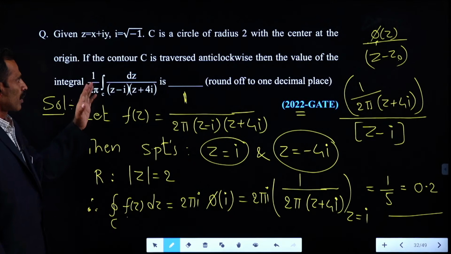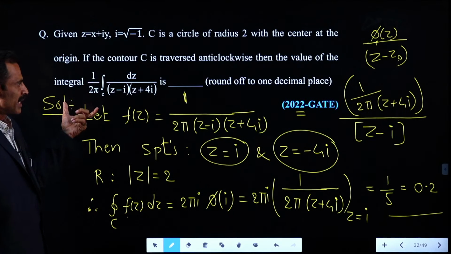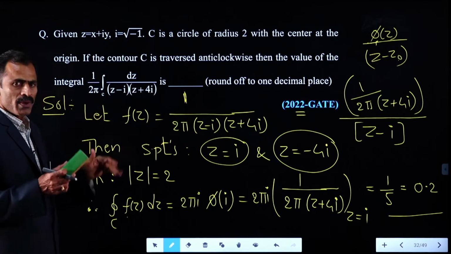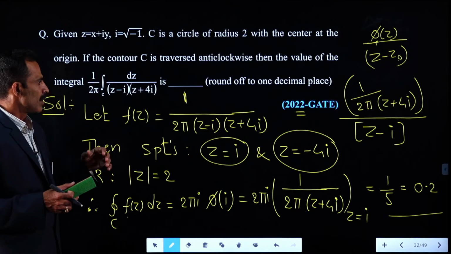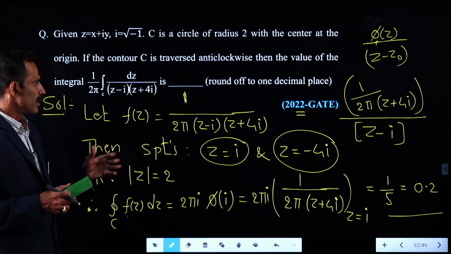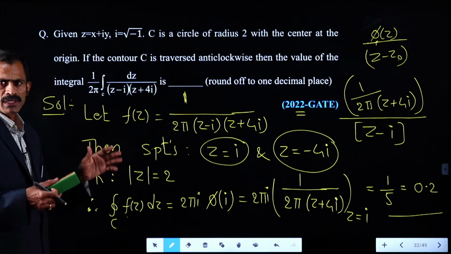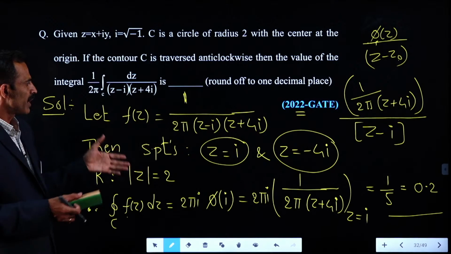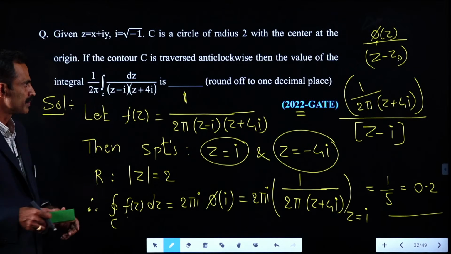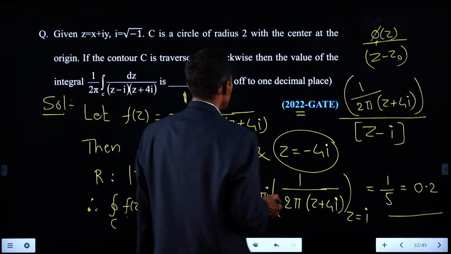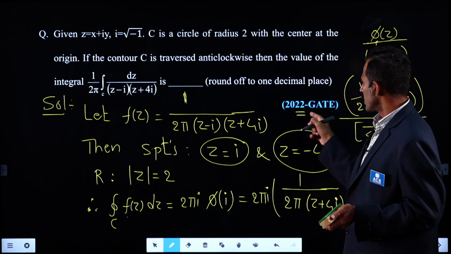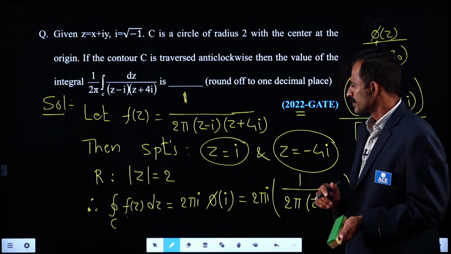So like this we can do the problem by Cauchy's integral formula or Cauchy's theorem for a closed curve, depending on the singular points. If a singular point lies inside the region, then we apply the integral formula. If no singular point lies inside or on the region, then we apply Cauchy's theorem. But here one of the points is inside the region, that is why we have done this by Cauchy's integral formula. This is a recent GATE question, given in the year 2022, as a fill in the blank question.